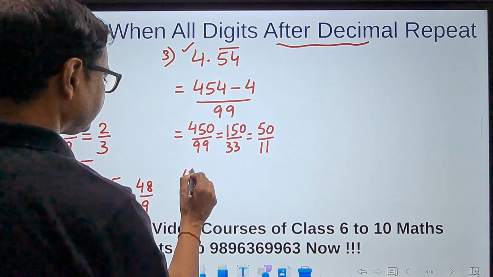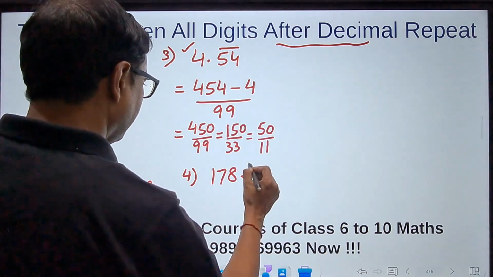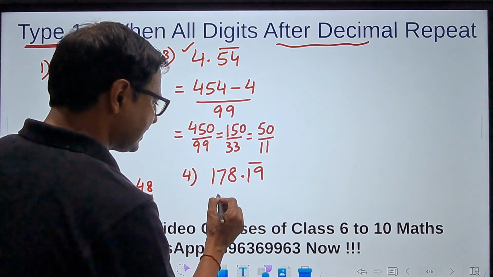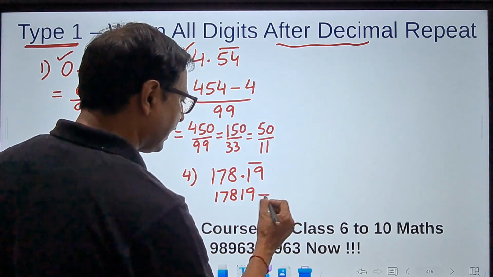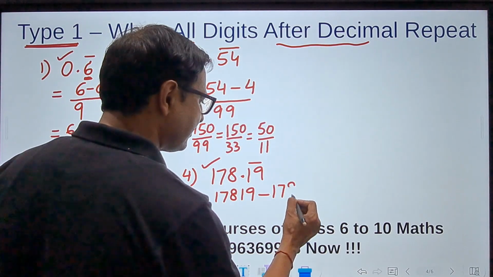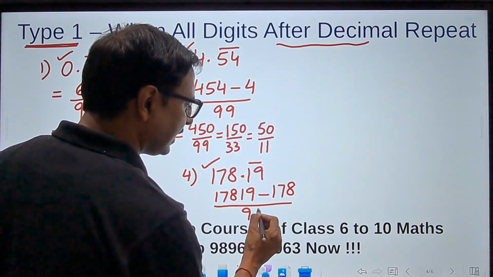Okay, one more. 178.19 bar. Right? Now watch. 17819, or the complete number, minus the number before decimal is 178. So I'll subtract 178 and divide by what? Two digits repeating means 99.